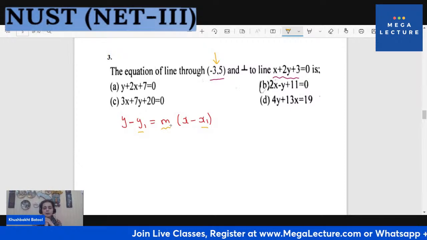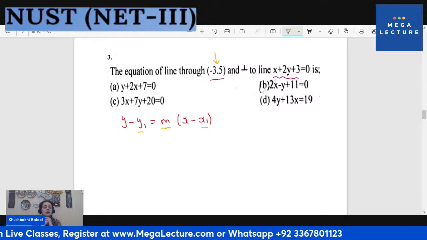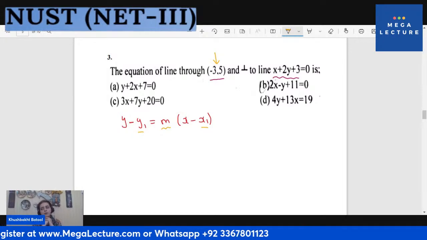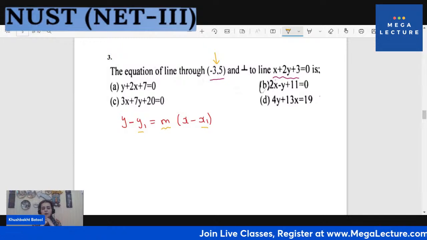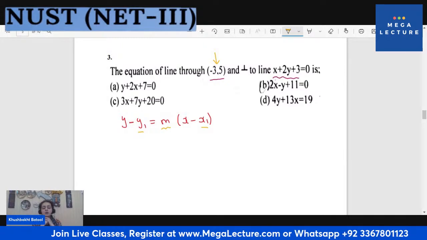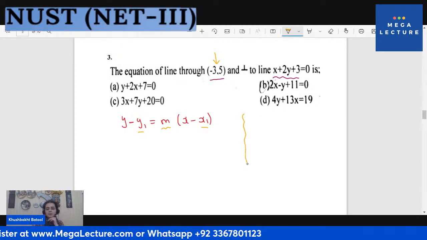Now can anyone tell me how am I supposed to find the slope of a line? I do not have any other point, so I cannot use the gradient formula. I do not have the gradient given directly. I just have an equation of a line that is perpendicular to the line whose equation I'm finding. Okay, so that is a separate case.